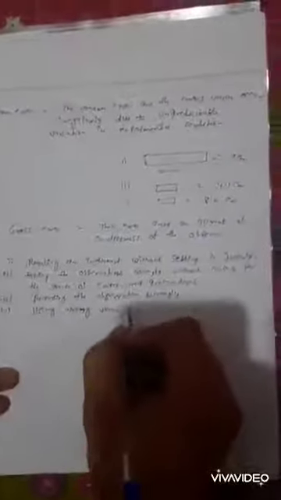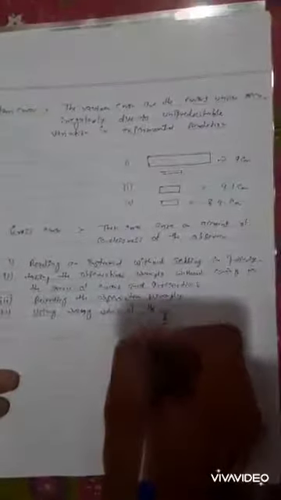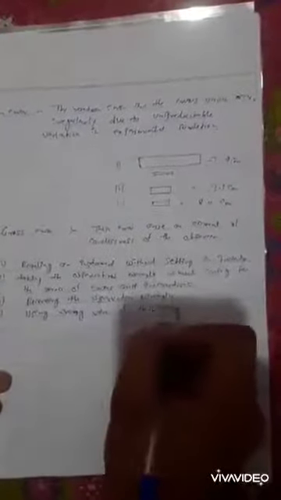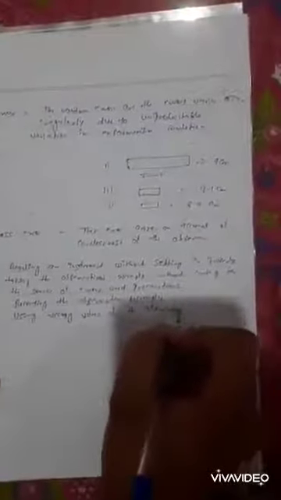So let's understand with the help of an example. Let a physical quantity be measured n times.